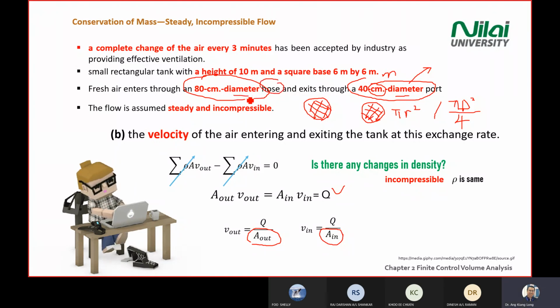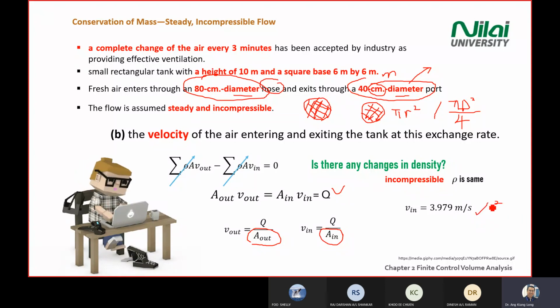Okay, if you have a hose with a diameter, it means that you're having a circular shape of pipe or something. It means that you can use a cross section of the circle to find the area. The rest is just substitution of the value from the question. So if you press your calculator, you'll get your velocity of the inlet, 3.979 meter per second.